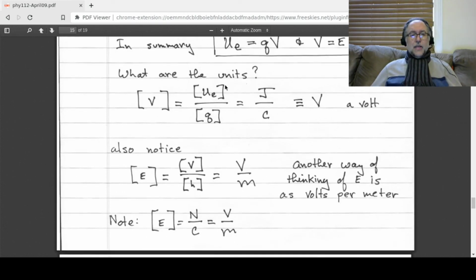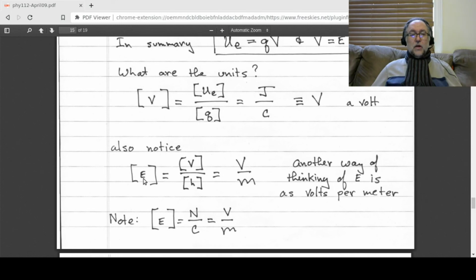Now, the electric field has come up in two formulas. One formula for the electric field was F is equal to QE, which gave us the electric field as newtons per coulomb, and we can actually see it right here. But now we've also seen an electric field in terms of its potential. Potential, voltage, they mean the same thing, so you'll hear me use both of those words. If you've got an electric field and you travel a certain distance into it, then you've gained so much voltage.